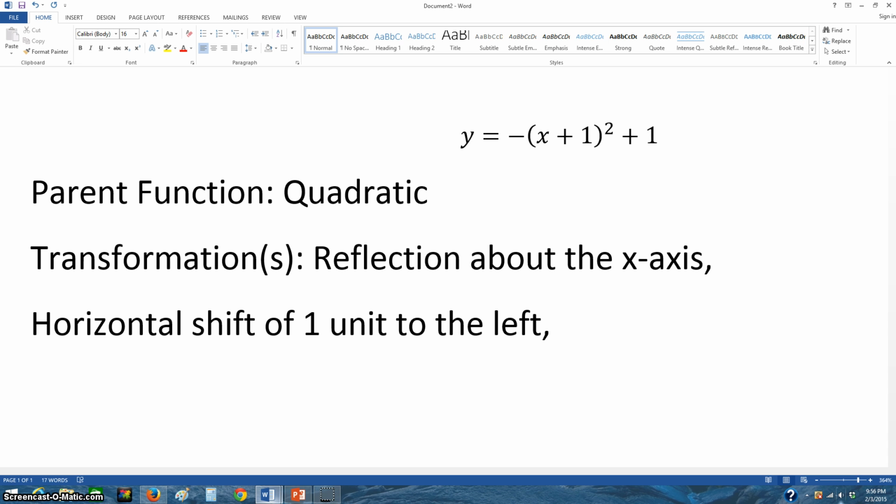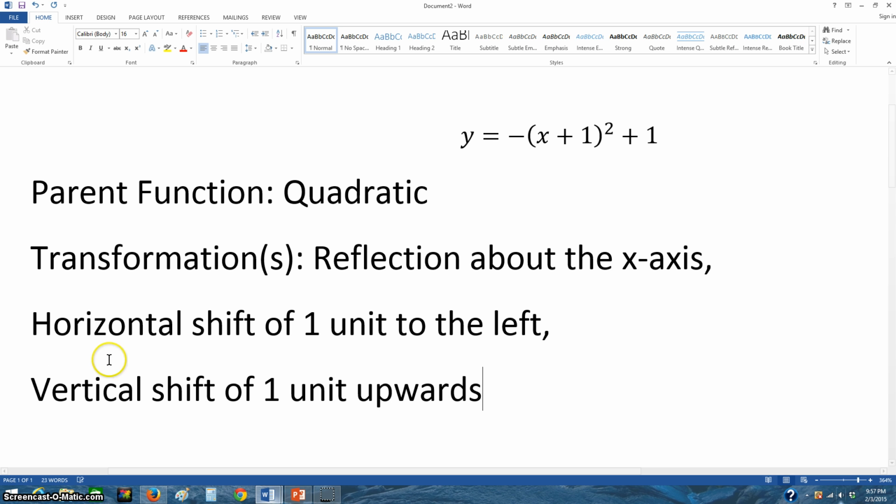And then our next one is going to be the plus 1. That's what we're going to take care of. And that's going to be a vertical shift of 1 unit upwards. Okay, so again, that is a reflection about the x-axis because of the negative, a horizontal shift of 1 unit to the left, and a vertical shift of 1 unit upwards.